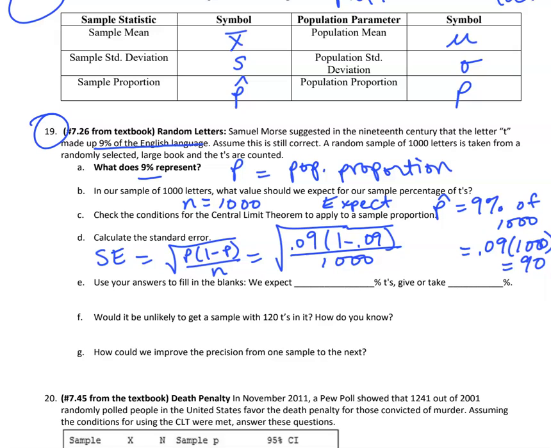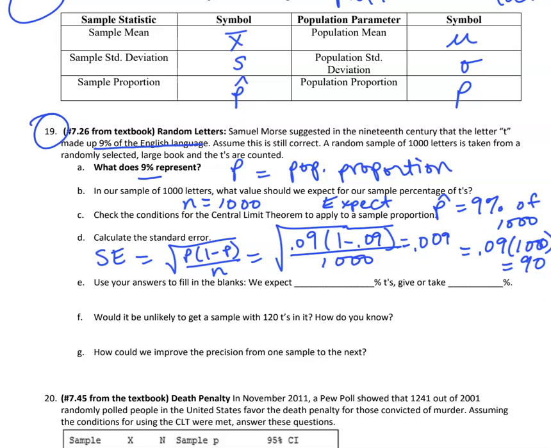Please put that in your calculator and make sure you know how to push those buttons in your calculator correctly. Make sure you remember to take the square root. That's something students often forget, but I'm getting about 0.009, it looks like, as my standard error.